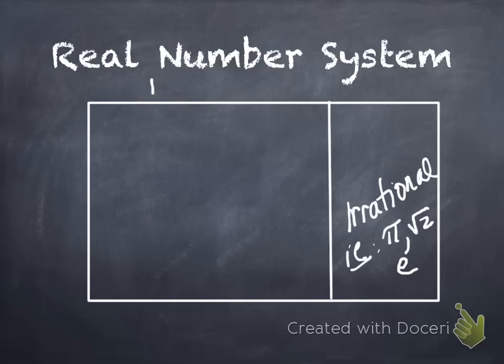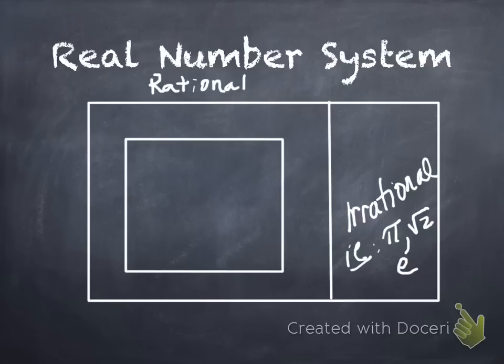And our rational numbers, and this is the reason I left such a large box over here, can be broken apart further, whereas our irrational numbers can't. So inside of our rational numbers, one type of number is an integer.